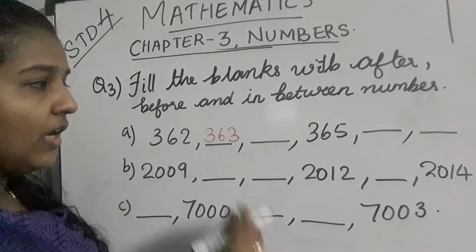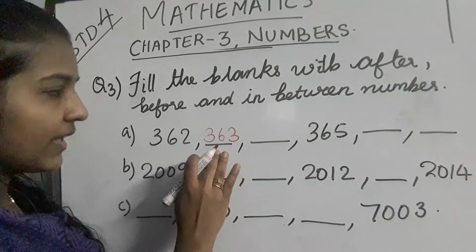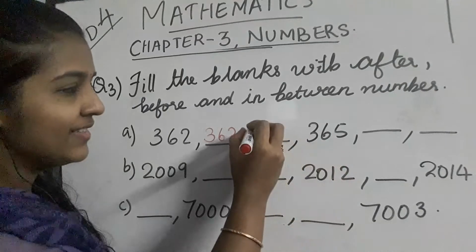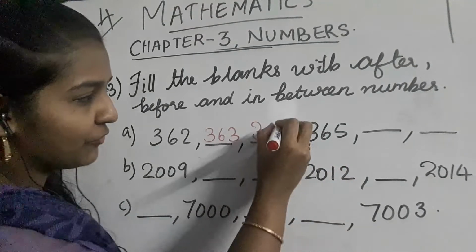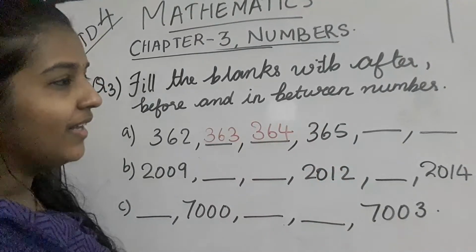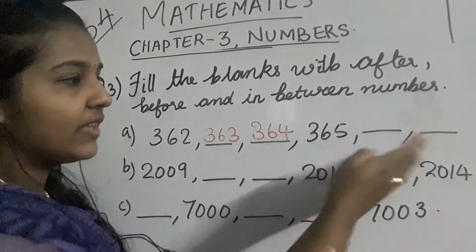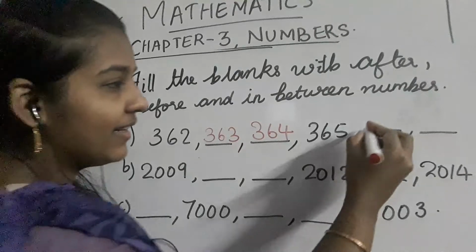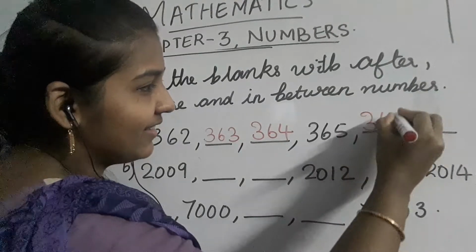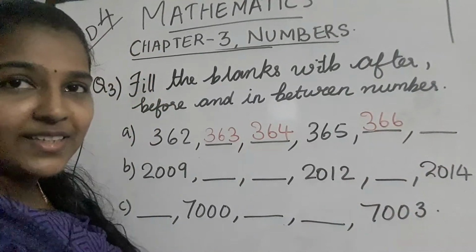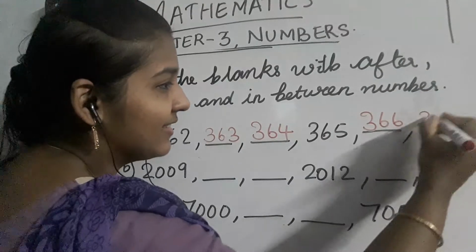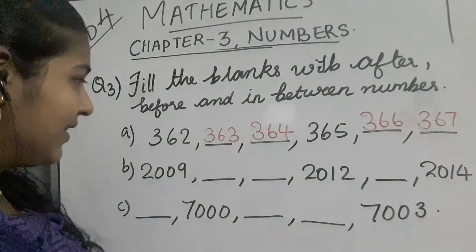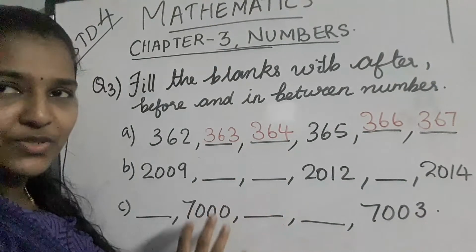Now you tell me which number comes in between 363 and 365. It is 364. Isn't it? Now, after 365, which number comes? 366. After 366, it is 367. Isn't it? Okay. The same way we can complete these two questions.